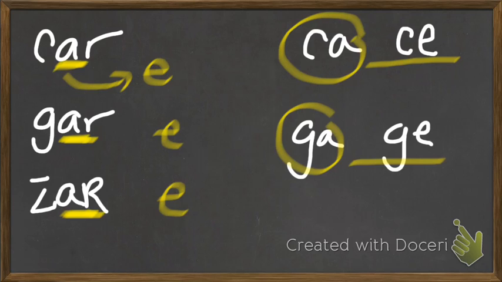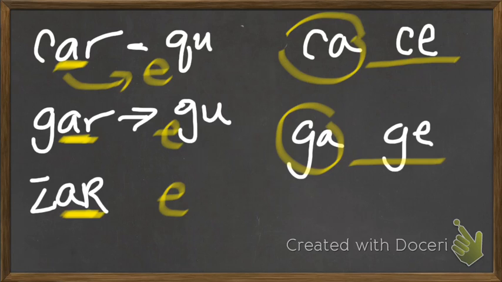So what are the spelling changes that we know we have to make? Car goes to qu: que, ques, que, quen, quemos, right? All of them are going to end up with a u. Gar is gu. And zar, the zeta changes to a c. Cargar, zar, como siempre. No es nada nuevo.